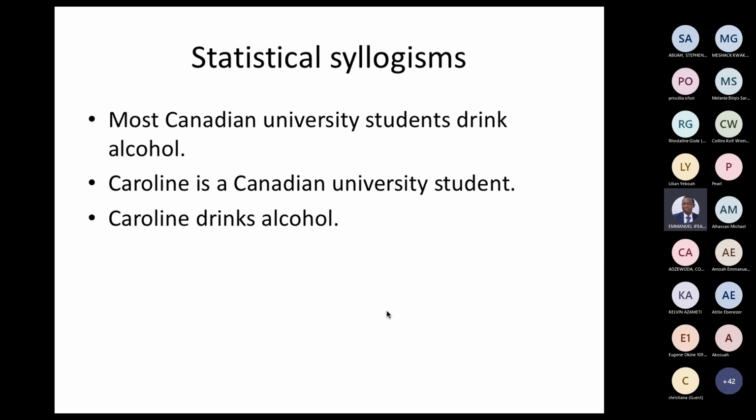Most Canadian university students drink alcohol. Caroline is a Canadian university student, therefore Caroline drinks alcohol. So these are part-whole arguments. The generalization goes from particular to general. This one calculates from the general down to the particular.